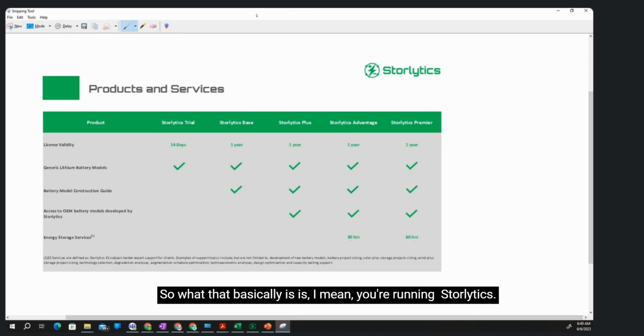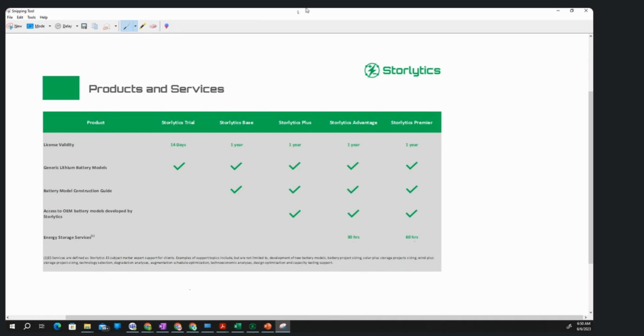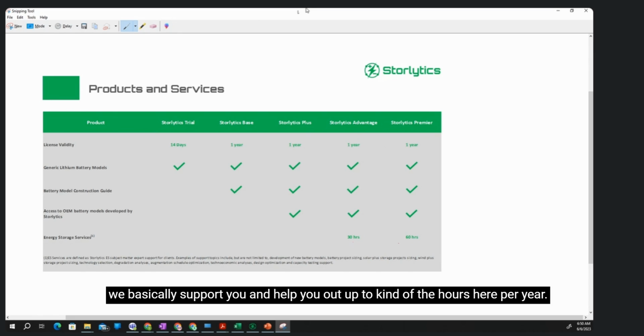So basically, you're running Storlytics, you're trying to do something with it, and you either want help optimizing a project or building a new battery file. We basically support you and help you out up to the hours here per year.